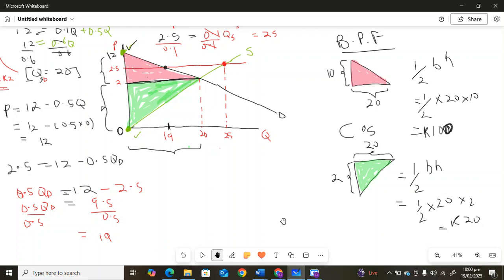Now the price floor has been enacted. All right. So on your graph, where we got the quantity demanded when the price floor is enacted, you draw a straight line like this.